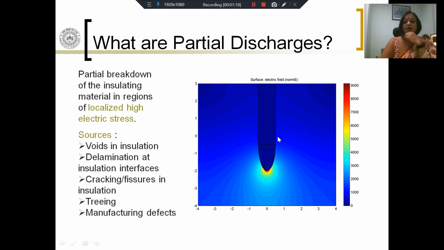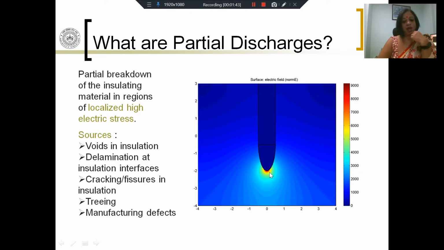Let's say the blue region corresponds to 10 kV per centimeter. Air will break down at 30 kV per centimeter, so most of the air is safe. However, if you come to this electrode gap, the field is somewhat higher, but still not too high. So even here, if it is, let's say, 15 or 20 kV per centimeter, we are still within the safe limit and no breakdown happens.